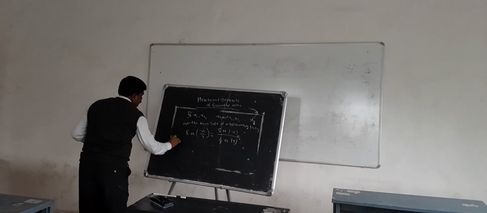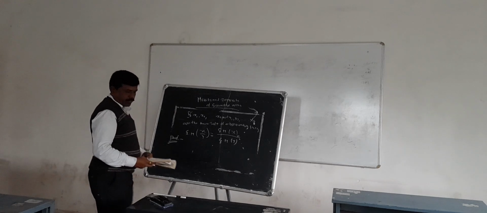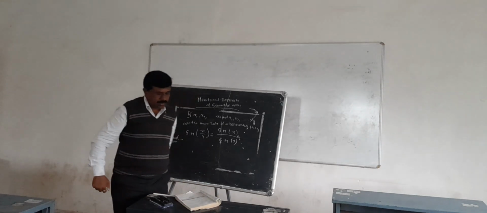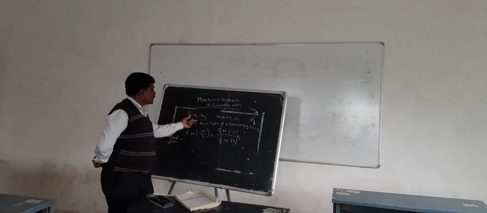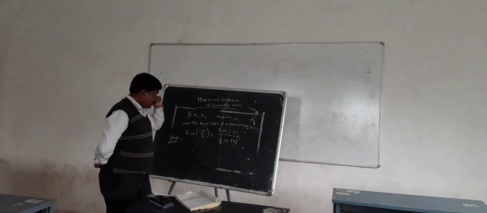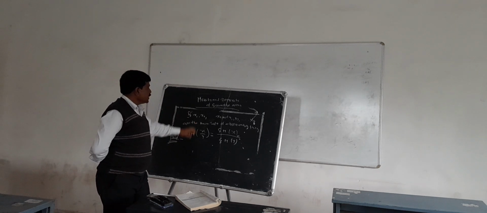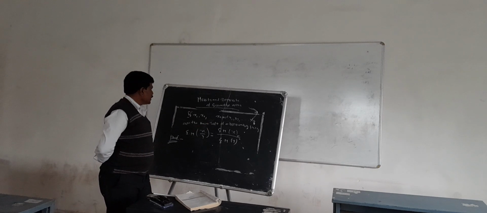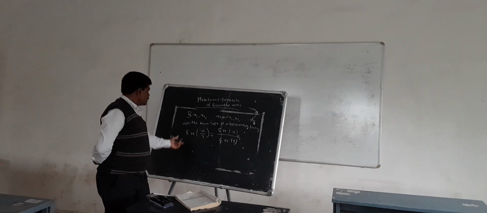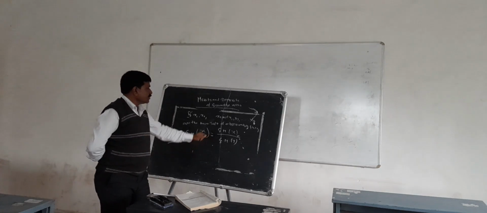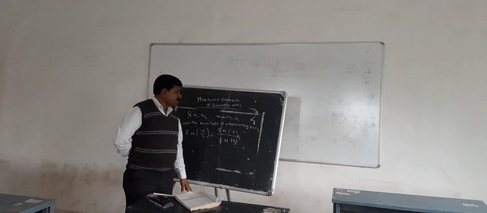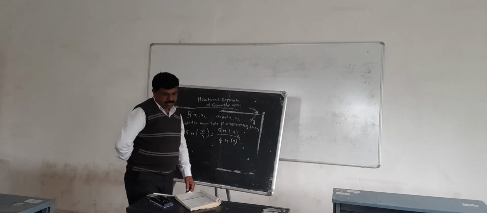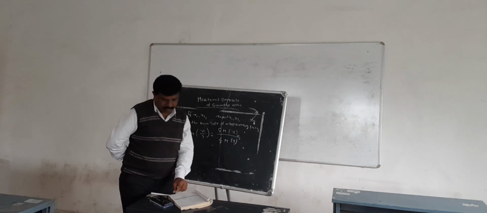Then the proof. We have to show that if x1, x2, up to xn and y1, y2, up to yn are two sets of observations, then the geometric mean of x divided by y equals the geometric mean of x divided by the geometric mean of y. The geometric mean is the nth root of the product of the observations.